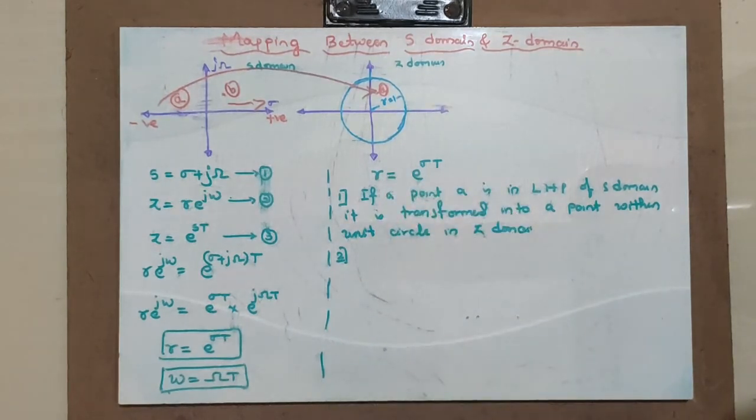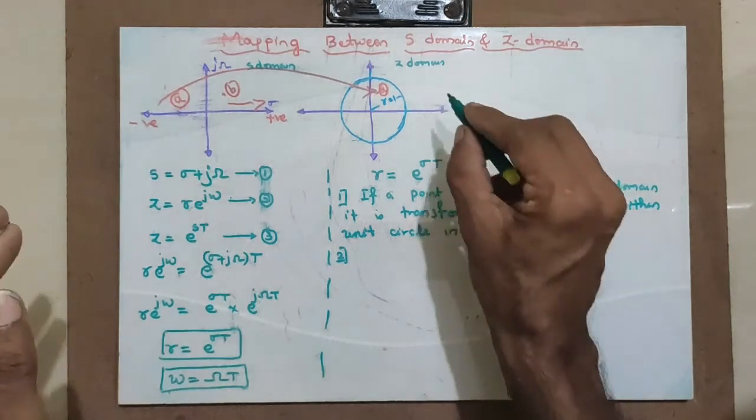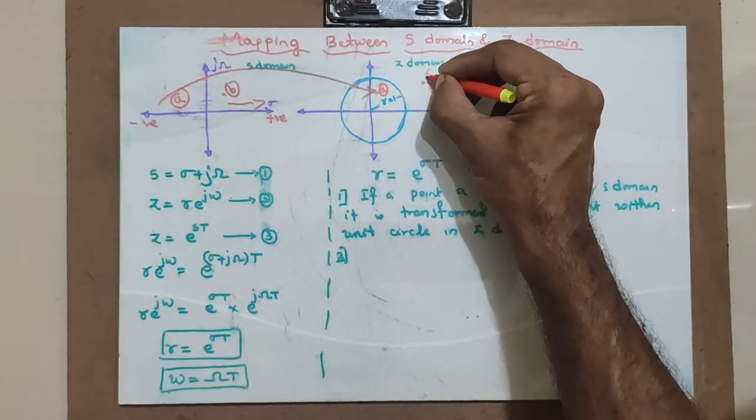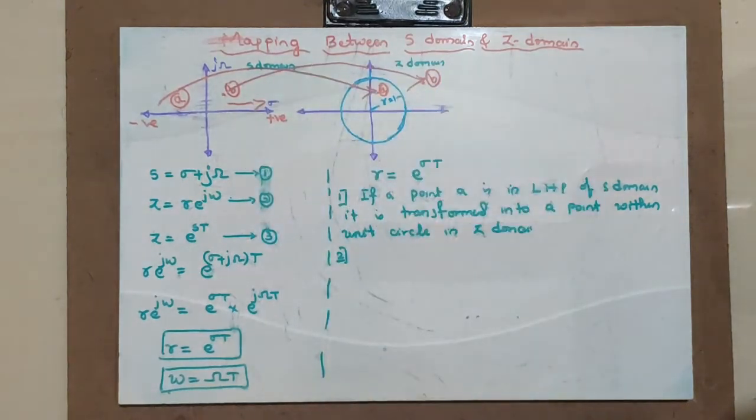Hence, if a point B is in the right half plane, it is transformed outside the circle, somewhere here. Point B comes outside the circle, isn't it?